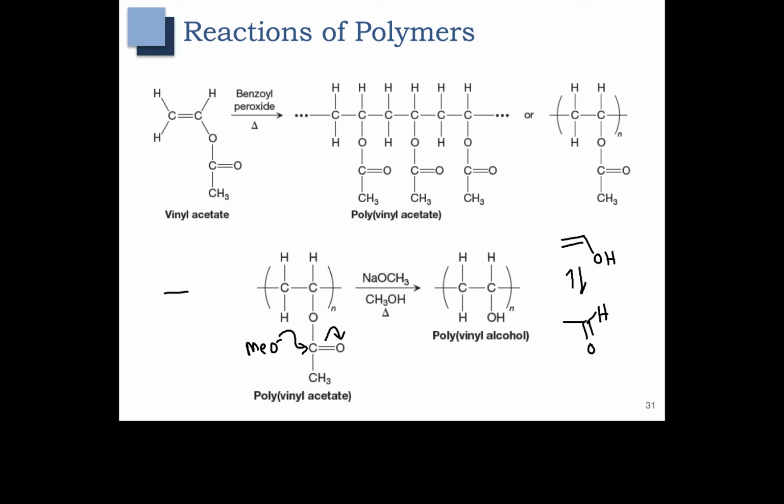The intermediate that you get, and I'm not going to draw out the whole thing here, but it continues to react. The electrons come down, kick out the oxygen, and the resulting negative charge is protonated to get to the alcohol.